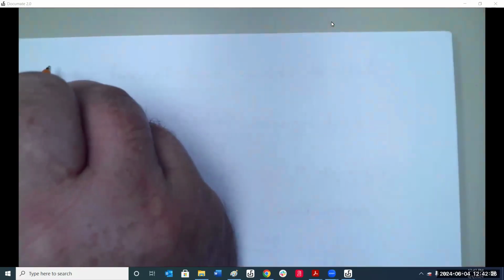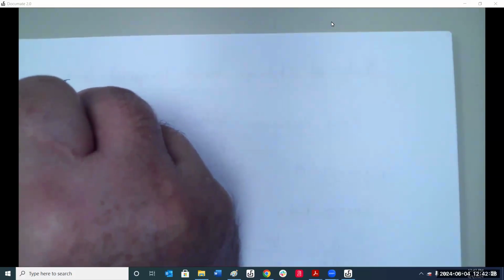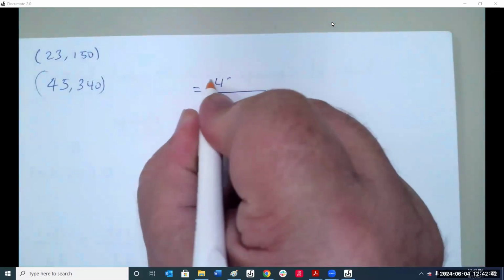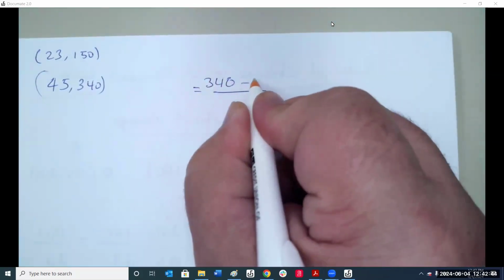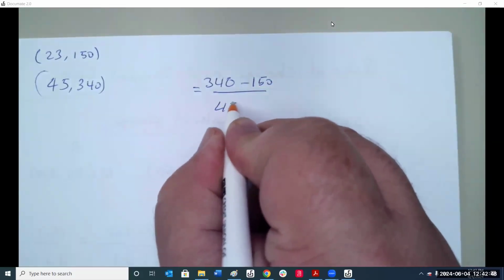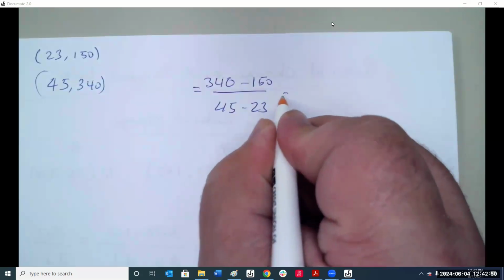So here's that 45, 340. Remember, I'm using 23, 150, so the slope is 340 minus 150 over 45 minus 23.